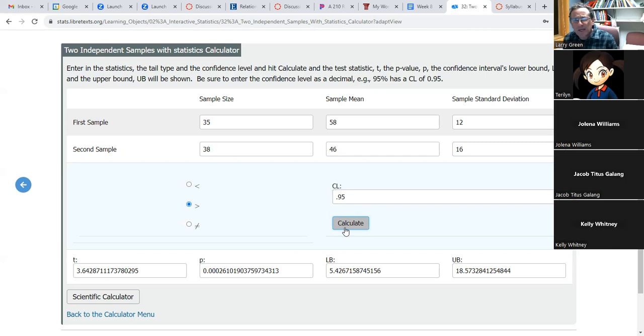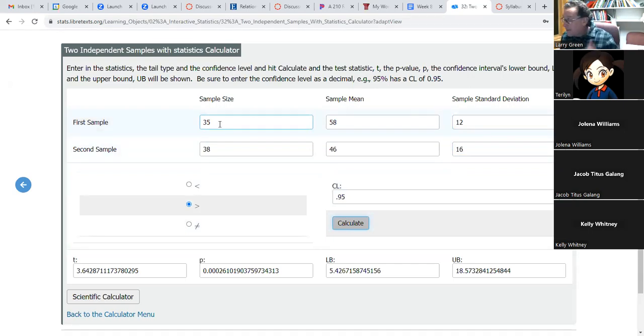A couple things. One is, do you think the sample sizes were big enough to be able to do this test? Yeah, so here, kind of like with proportions, with means, you remembered you had to have over 30.